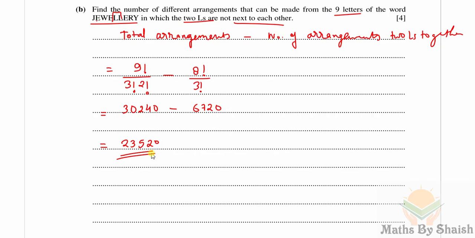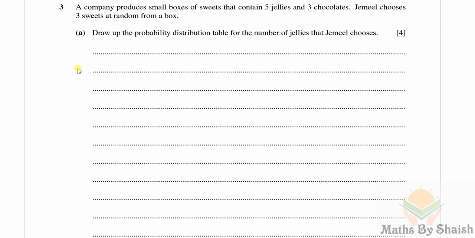Let's do the next question. Here's question number 3. A company produces small boxes of sweets that contain 5 jellies and 3 chocolates. Jamil chooses 3 sweets at random from a box. Draw up the probability distribution table for the number of jellies that Jamil chooses.